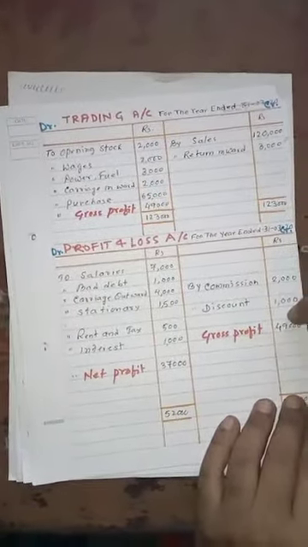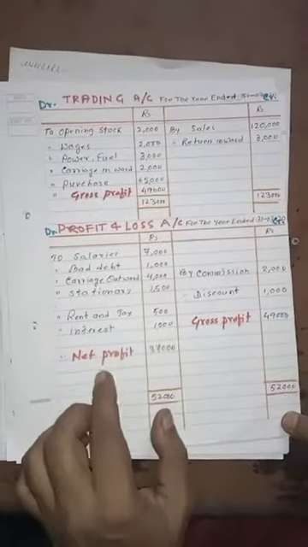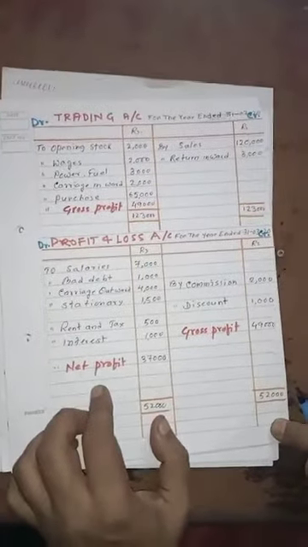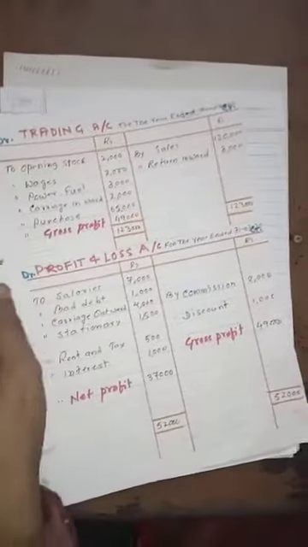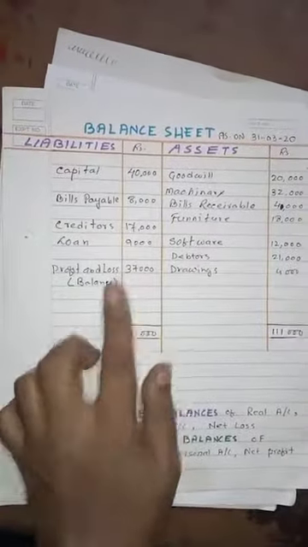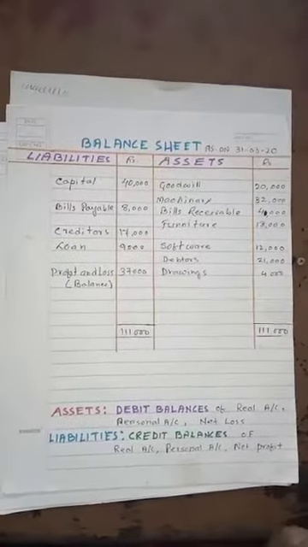After transferring gross profit from the trading account, then you balance the profit and loss account. You see the balance amount is 37,000 net profit. This balance will be transferred to the balance sheet. Profit and loss transfers into the balance sheet. Clear? In this way you can prepare final accounts.